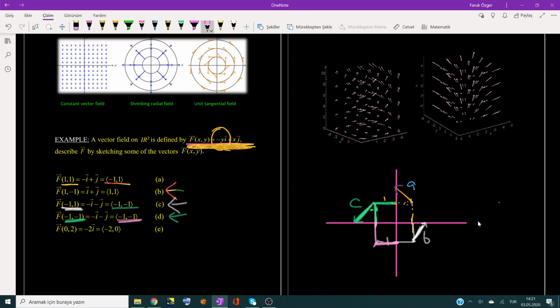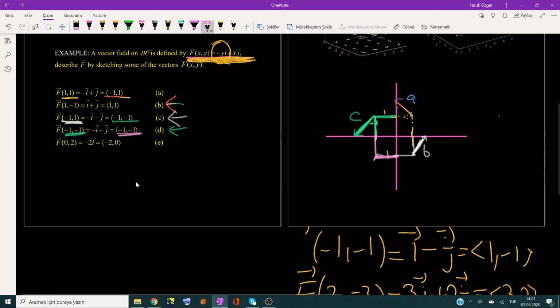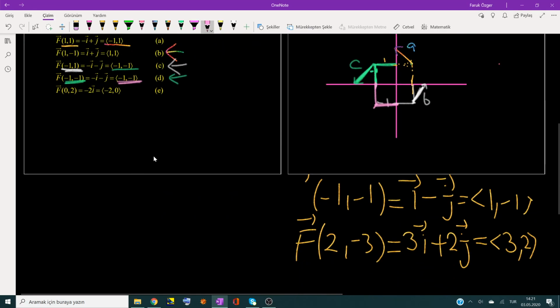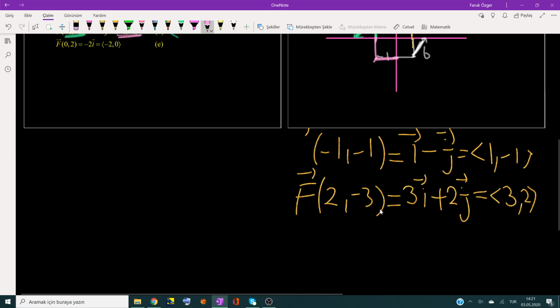Is it true that we have minus 1 vector for the point minus 1? No, it's not right. So the right version is given here. Okay, this is the vector field at the point 1, minus 1.